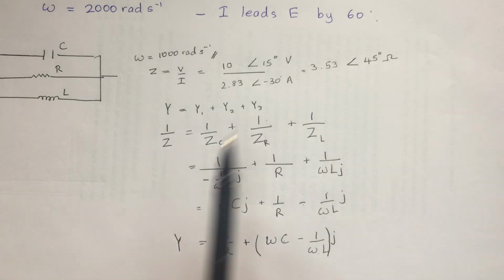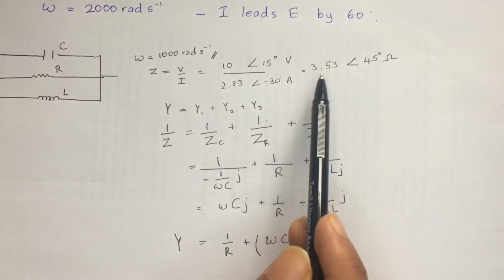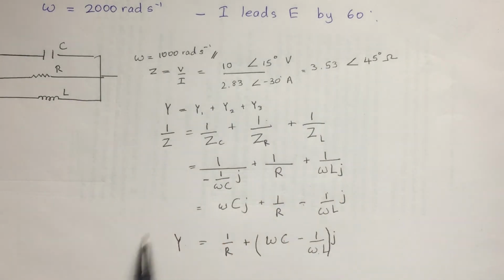In the previous question, I think we changed this part to polar form and compared. When we change this part to polar form, we can directly tell it's going to be the root of (1 by R) squared plus this part squared. The magnitude of that would be equal to the admittance.